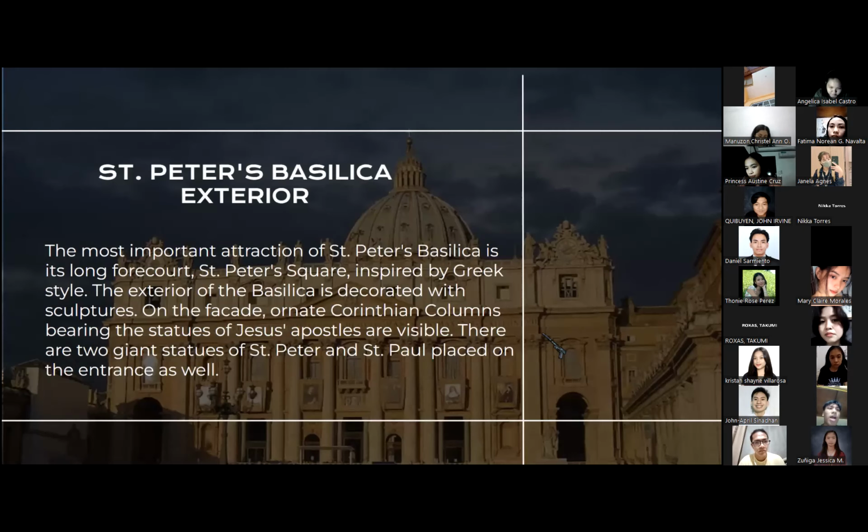I-spoil ko lang po. Ang facade po, ito po yung harapan ng simbahan po, may ornate Corinthian columns. Nabanggit po dito ang ornate Corinthian columns. Ang ornate Corinthian columns po ay isang column na nasa taas na is may style ng dahon alike, na mahaba taas may pa-curl po. Next slide po.